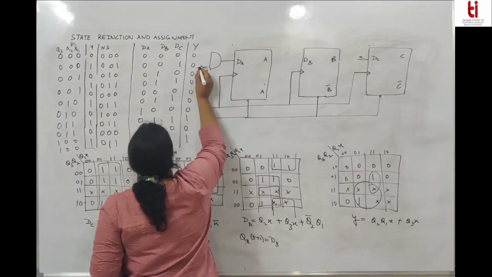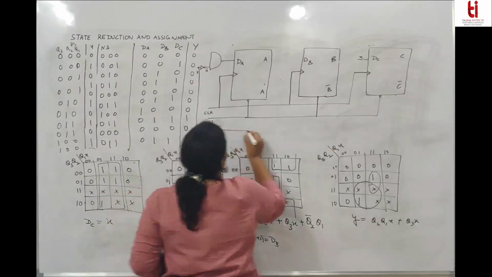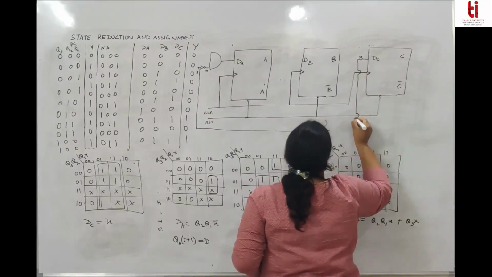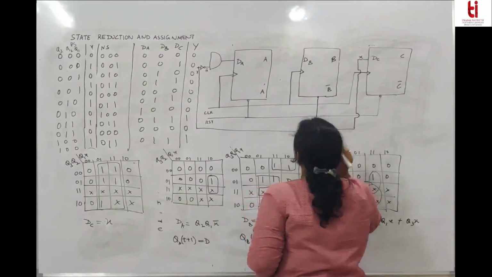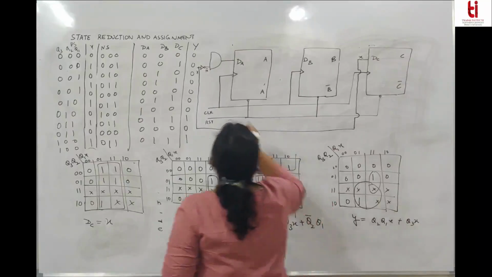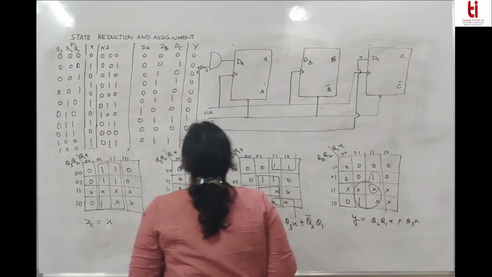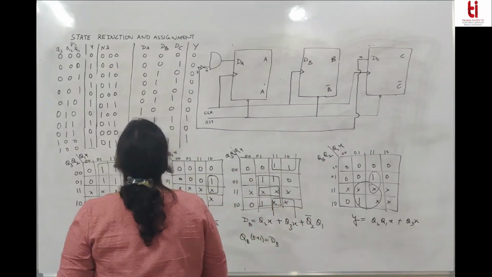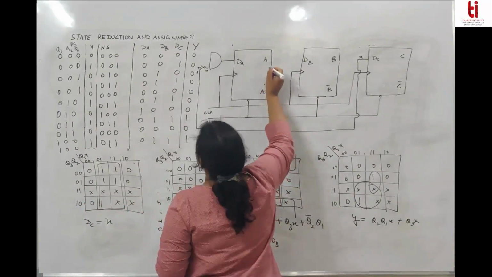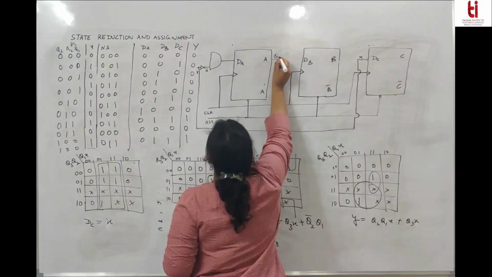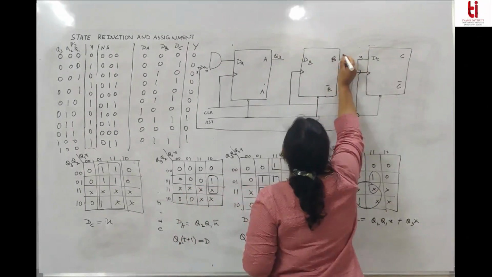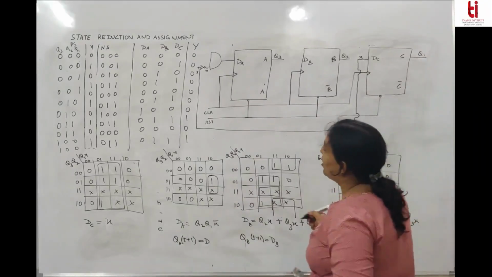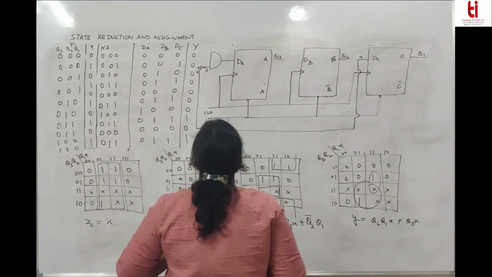We have an X. So this is X. Q2, Q1. So this will be for DA. This is Q3. For B it is Q2. For C it is Q1. This is how we have drawn in the table.